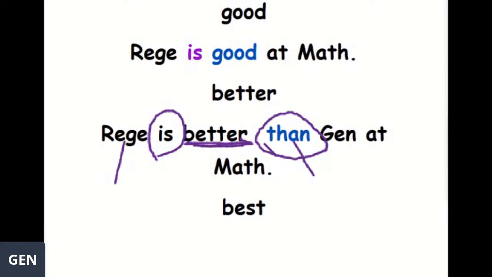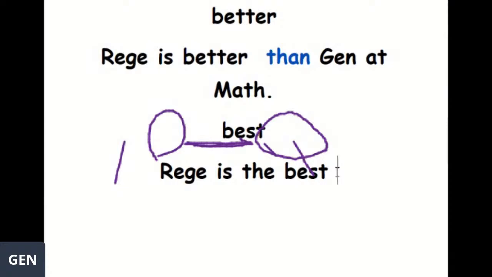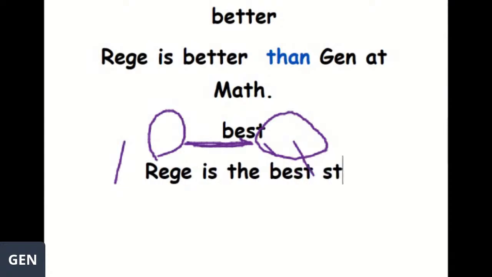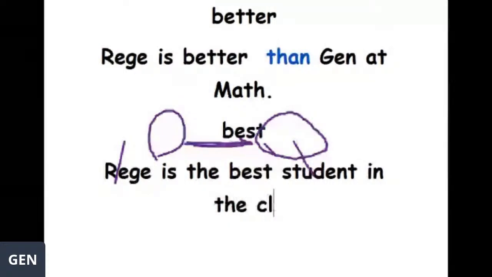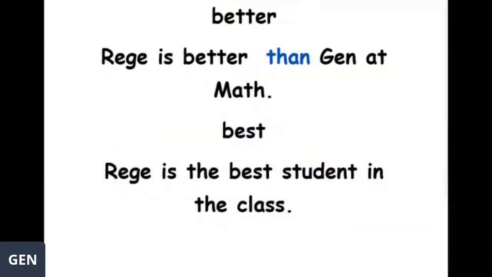Next, let's move on to best. Reggie is the best. For example, Reggie is the best student in the class. So among all students, he is the best.